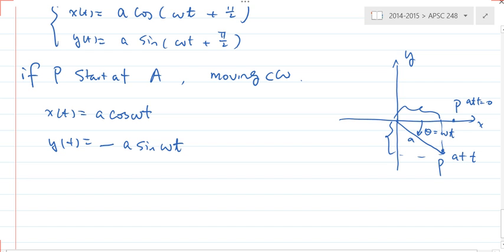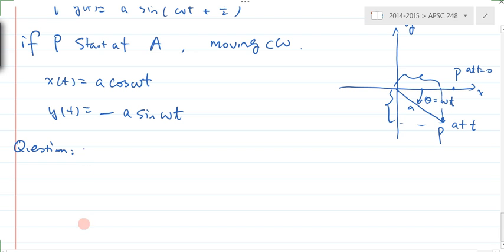Basically, you can see there are an infinite number of solutions for the parametric equation, right? So here comes another question. That circle happened to be located at the origin. The center is at the origin here. So what if the circle has a different center, and the circle is centered at x0 and y0?